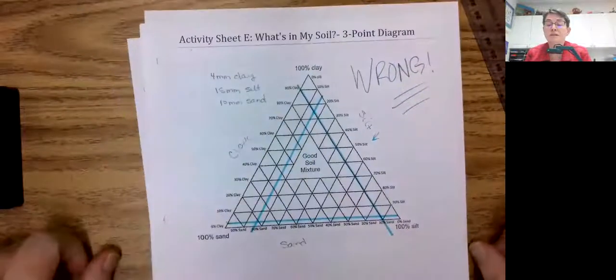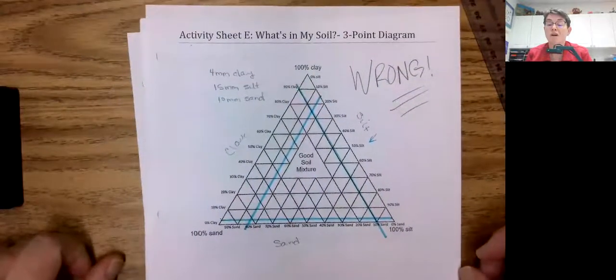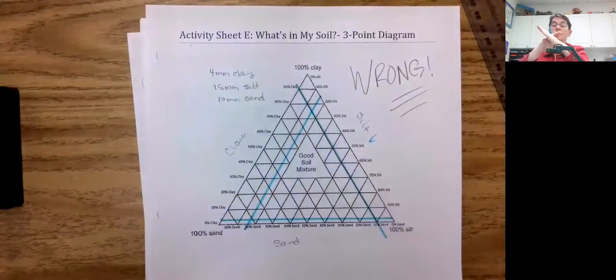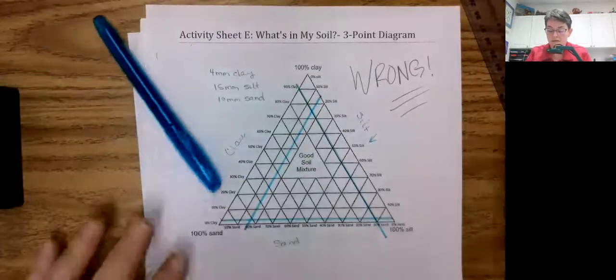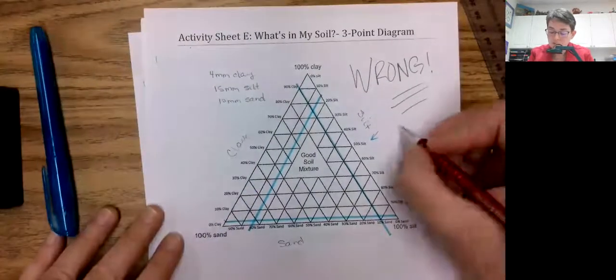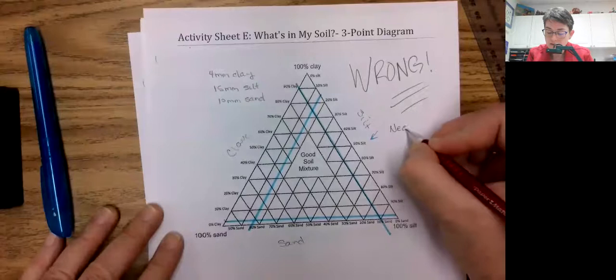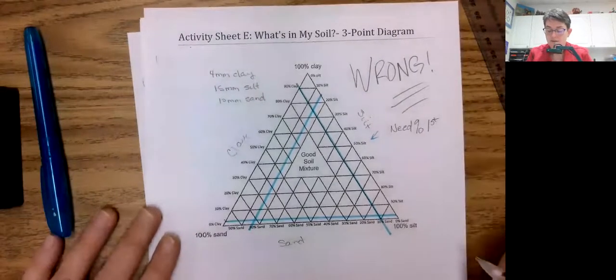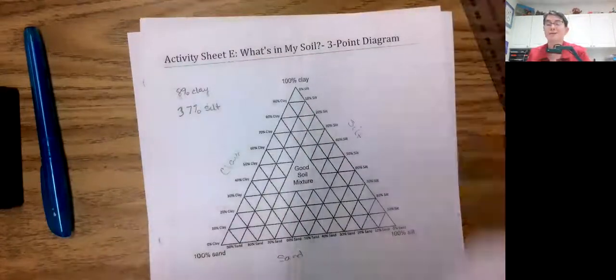Do you see what we just drew? And you see why it's wrong. They're supposed to cross in one spot. That's not remotely close. Okay, so you need to do percents first.